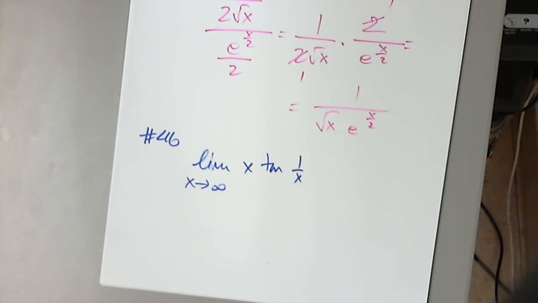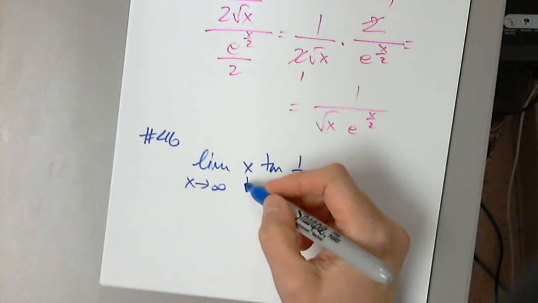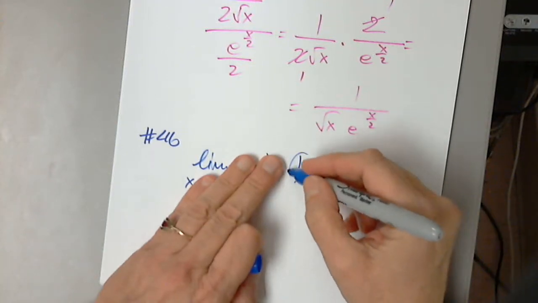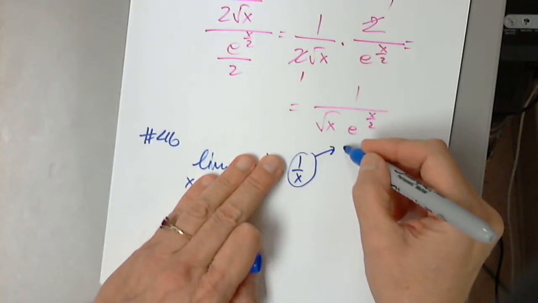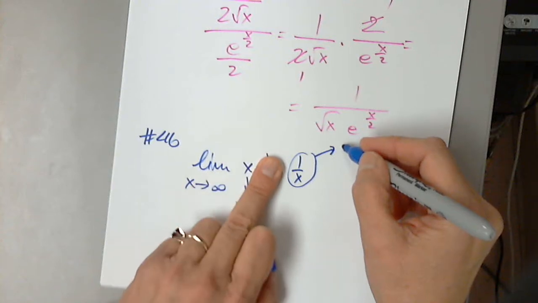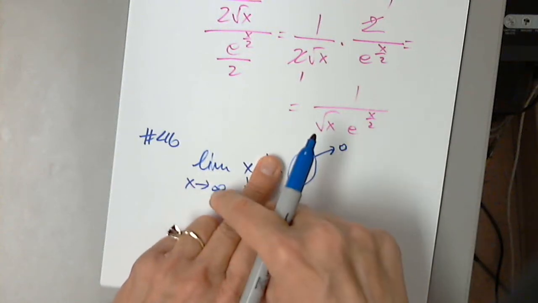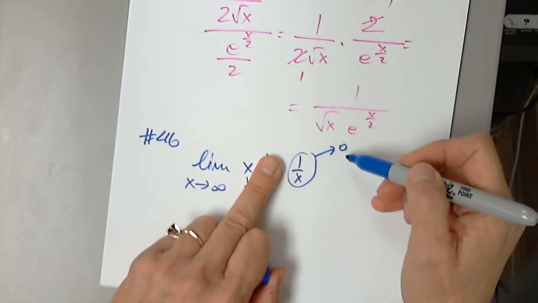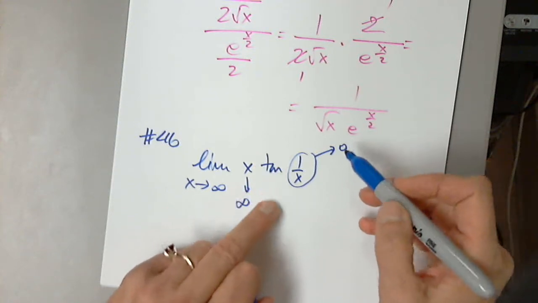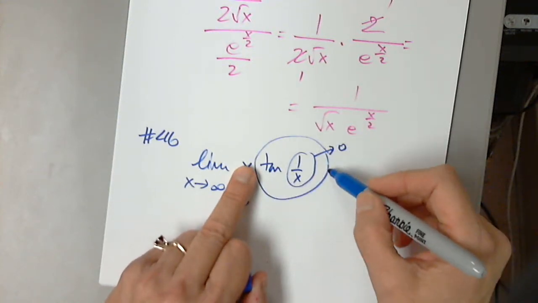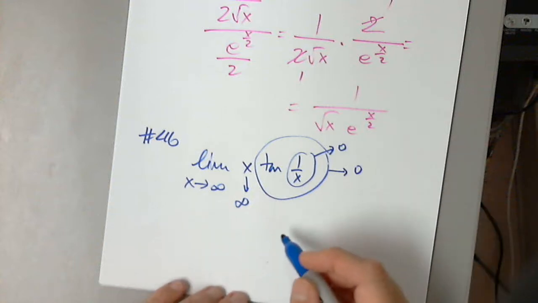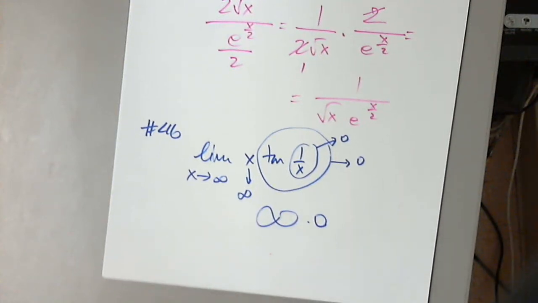Okay. So where does x go? Good. Where does 1/x go? 0. When x approaches infinity, 1/x approaches 0. Is that okay? Where does this go? Yes. Again, infinity times 0.